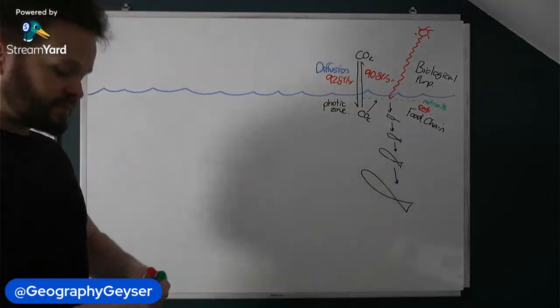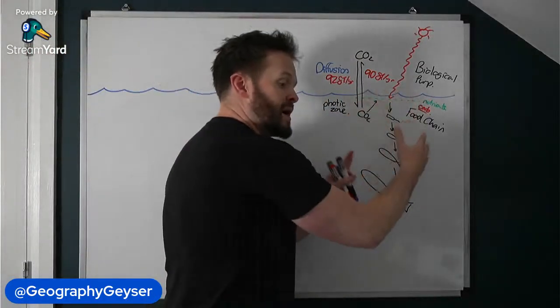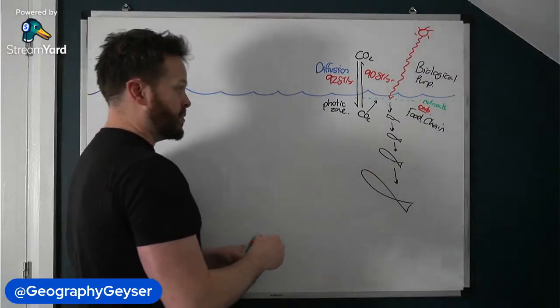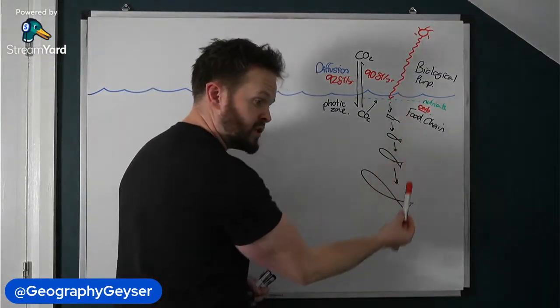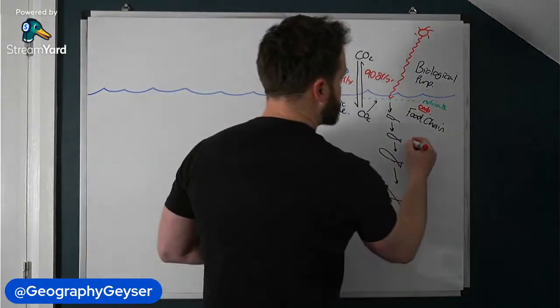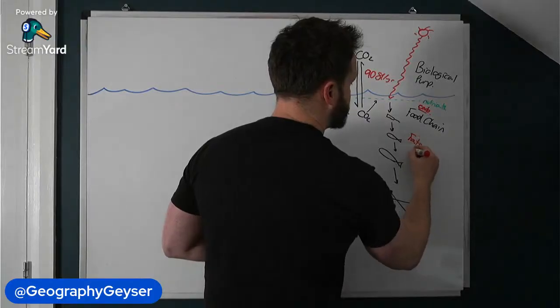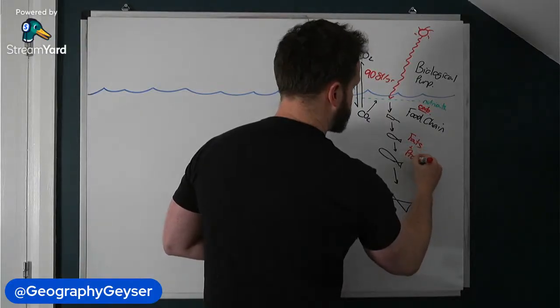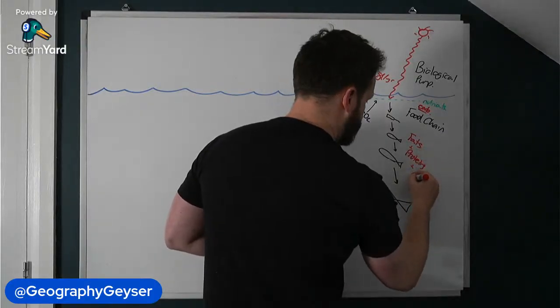And so there's almost that biomagnification of carbon. But as you increasingly move through the food chain, it's increasingly stored as fats and proteins and DNA.